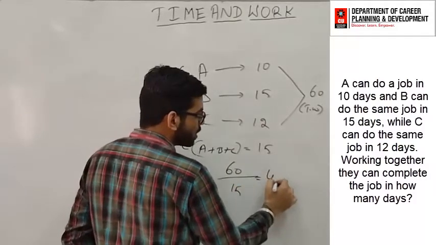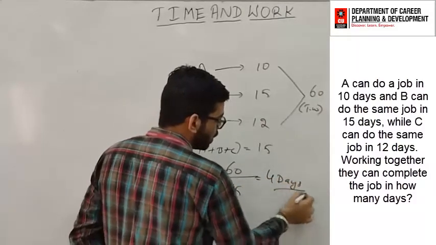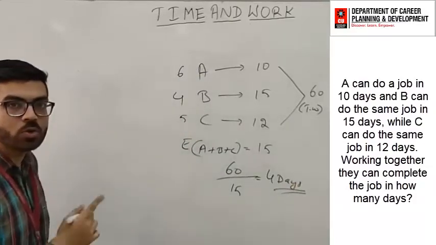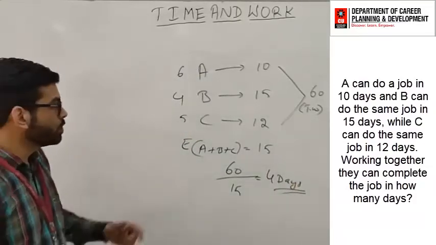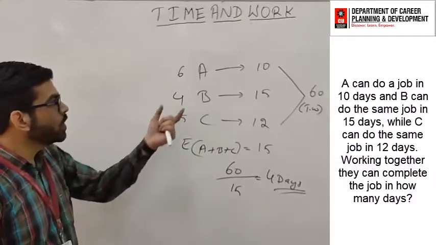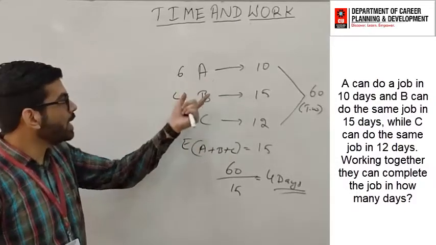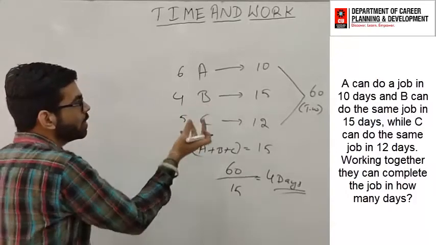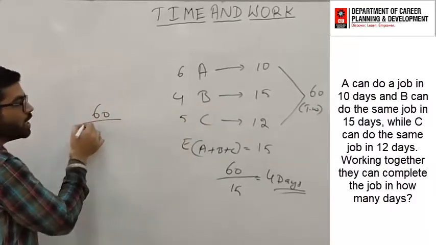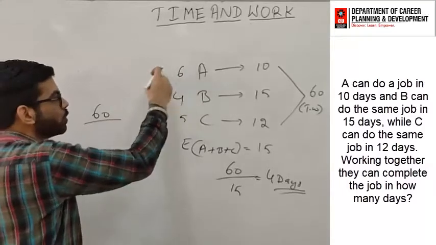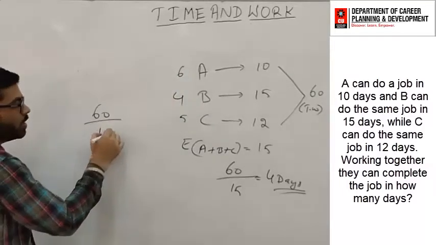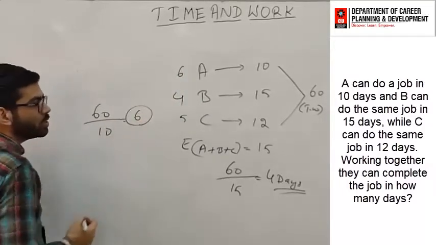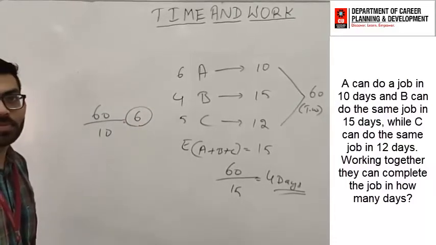So the answer comes out to be 4 days. This was the method to solve this type of question. Let's take an example where at the end only A and B are working. We take the efficiency of A and B. Total work is 60, and the efficiency of A and B comes out to be 6 plus 4, that is 10. So A and B will take 6 days to complete the whole job.